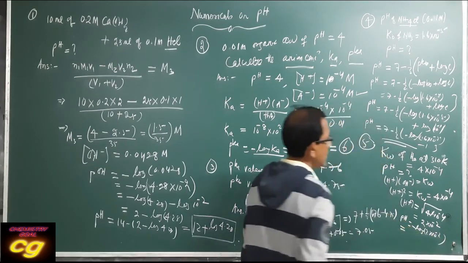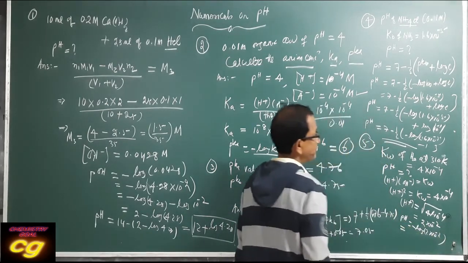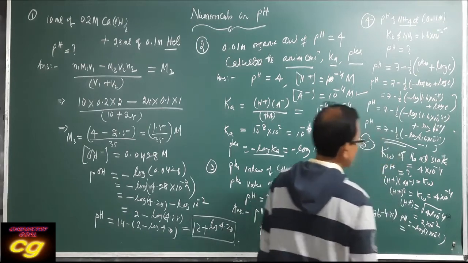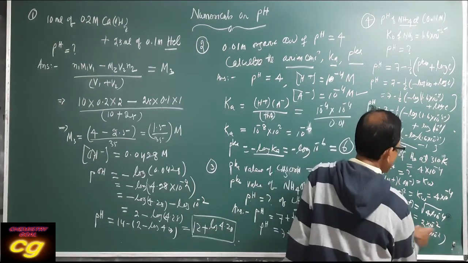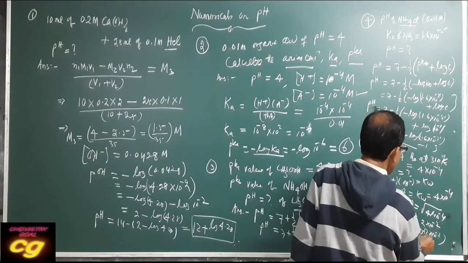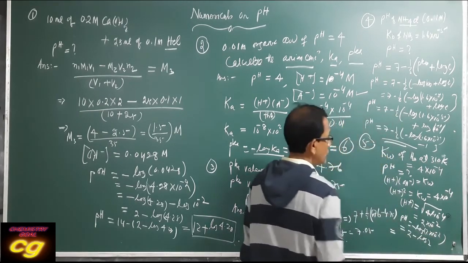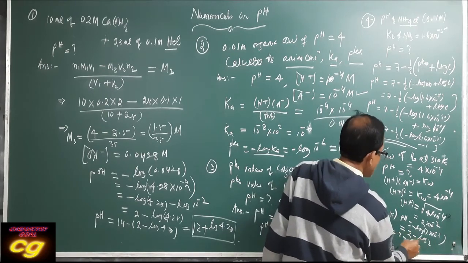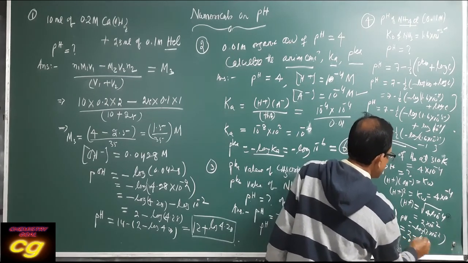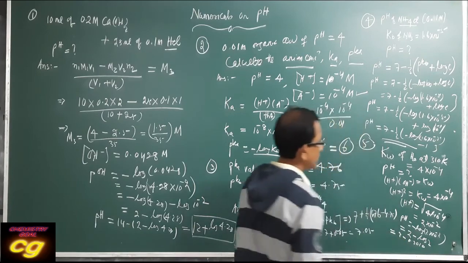The result is minus log 2 and 2, that is 2 minus log 2. Here 2 minus log 2, with log 2 being 0.3010, is the final result.